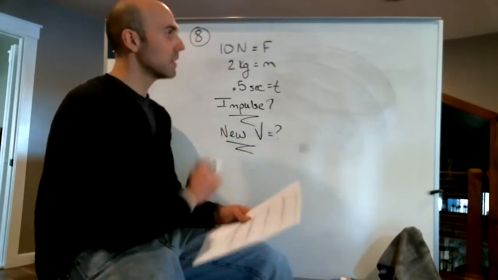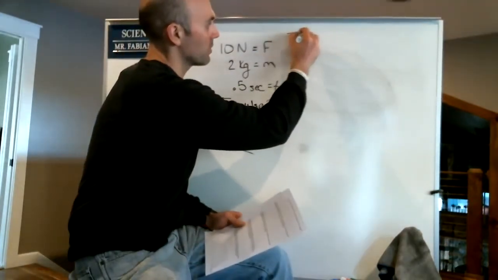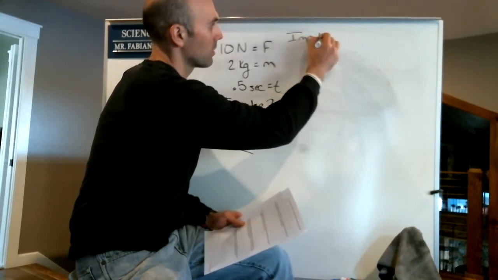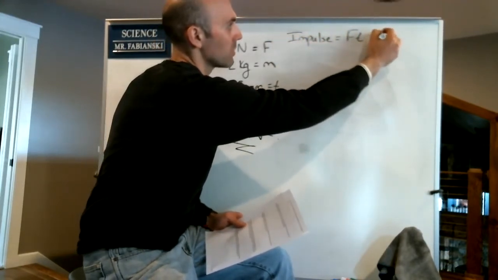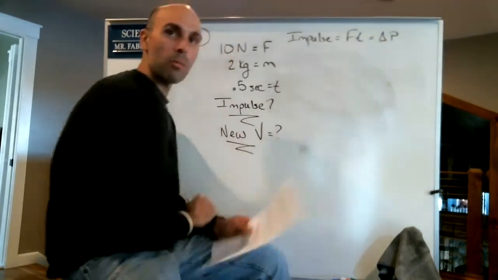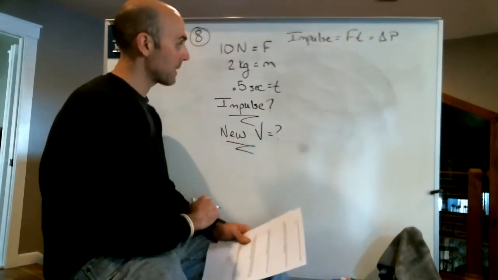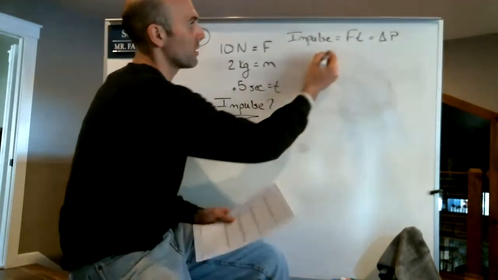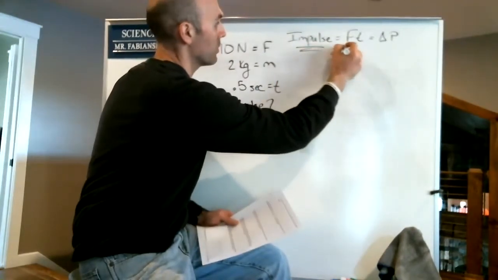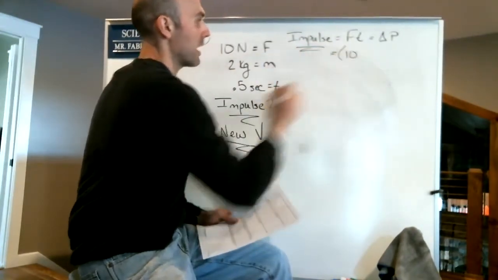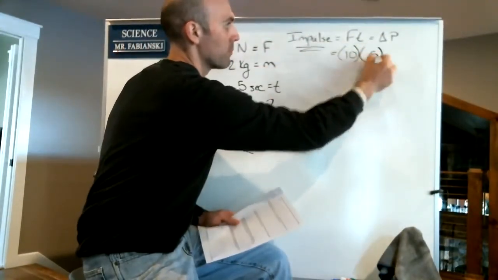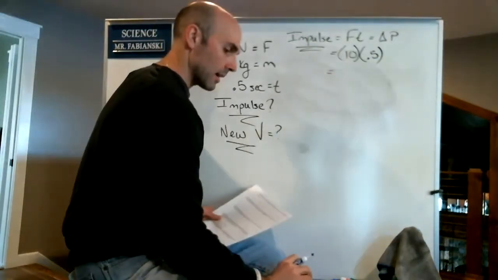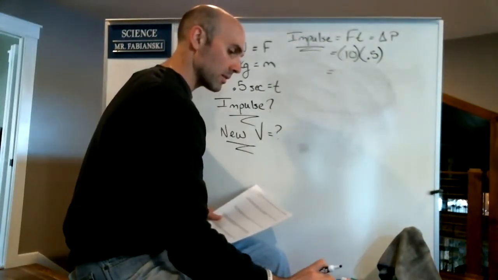All right, first, let's write our impulse equation down. Impulse equals Ft, but it also equals a change in momentum. Okay, first thing we want to do is find that impulse. Impulse equals force 10 times our t, 0.5. 10 times 0.5 is what?